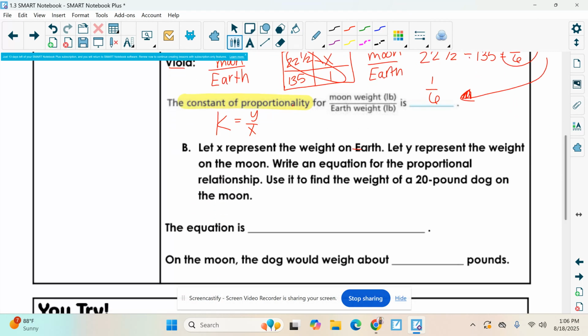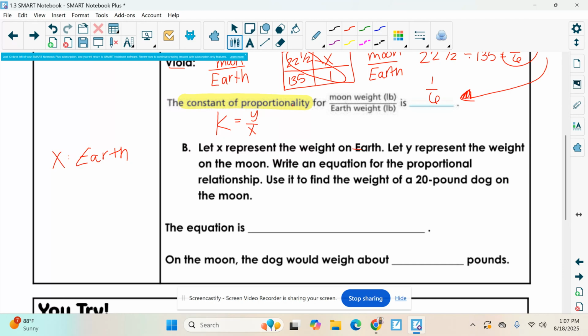Let's look at part B. Let X represent what? What does X represent? So that looks like hard to find. Let's make a note about it. X represents Earth. The weight on Earth.